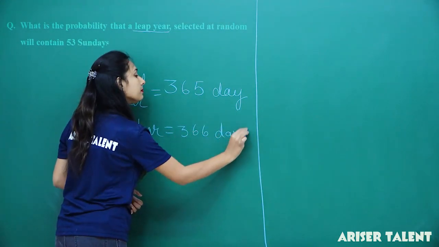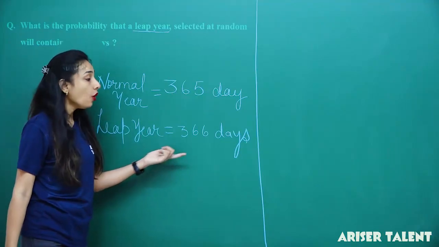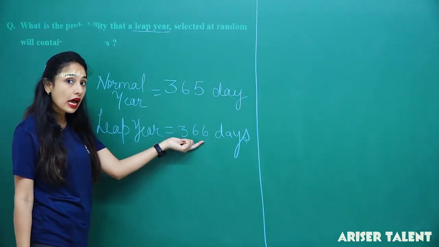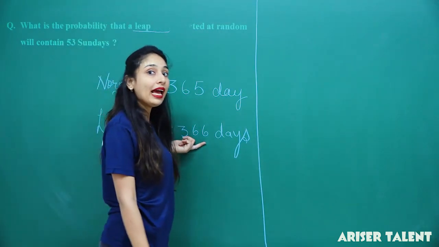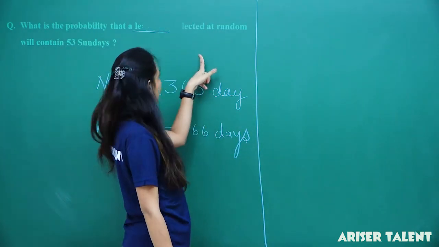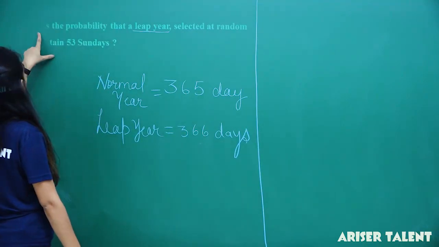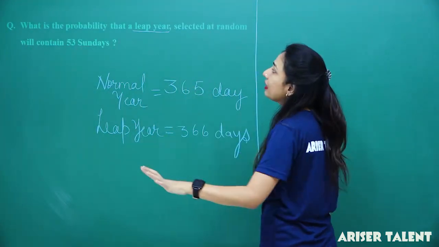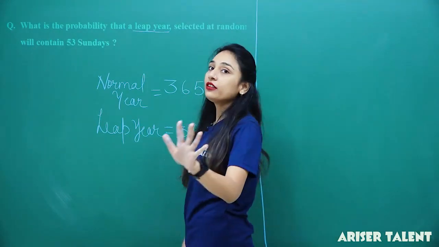How many days? Yes, 366 days. Now if a leap year is having 366 days, how many weeks will it have? Because it's talking about weeks, right? It's saying, what is the probability that a leap year selected at random will contain 53 Sundays.